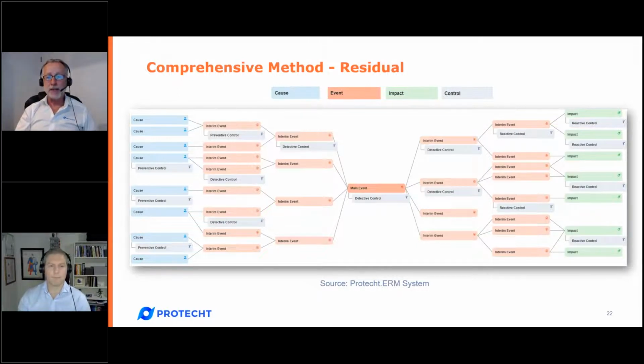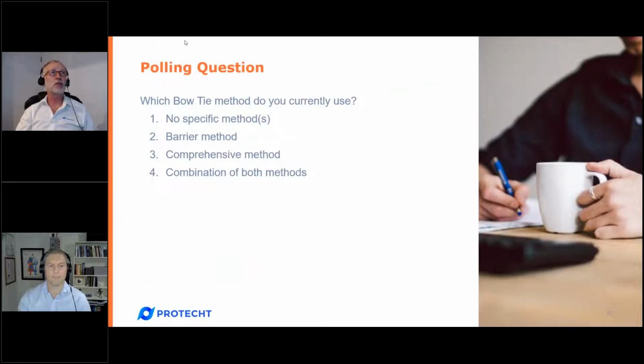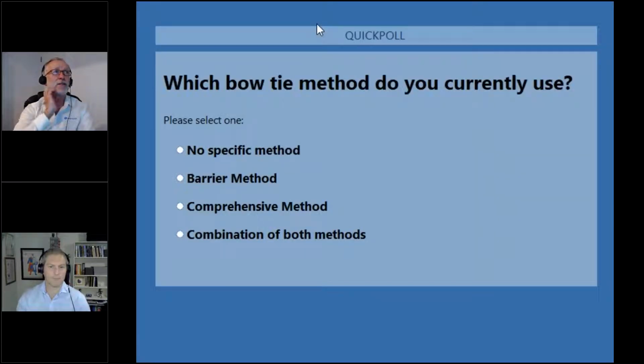Now, this then brings me to my second poll question, which I will just launch now. It's on the screen, and that is, which bow tie method do you use if you use one? And I know that 59% of you won't be able to answer this, so I'll give you 30 seconds for those that do, as to which method do you use.